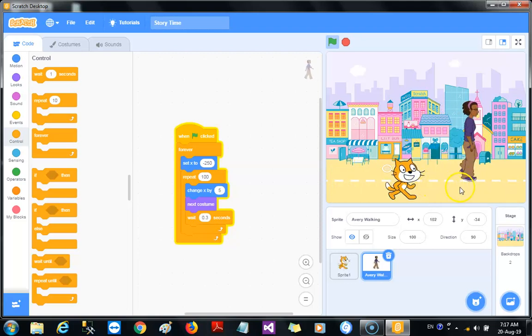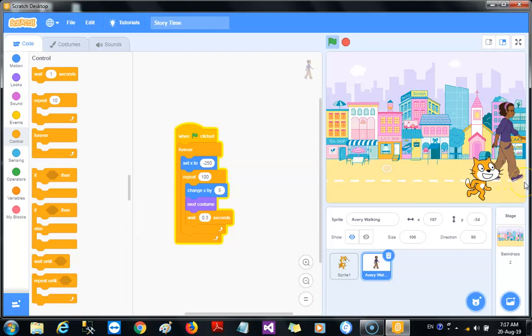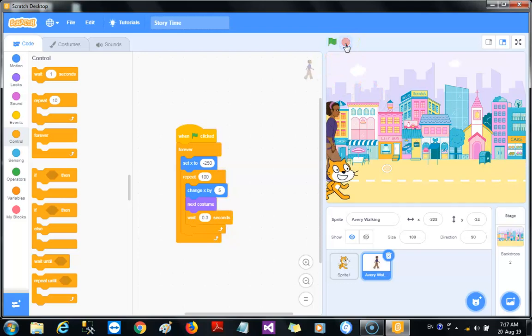So Avery finally gets across the stage. Yay! Awesome. So both of them start at the same time, but Avery gets across the stage at twice the time the cat gets there.